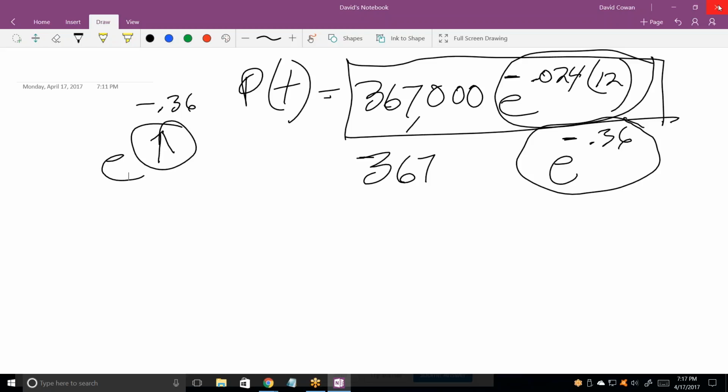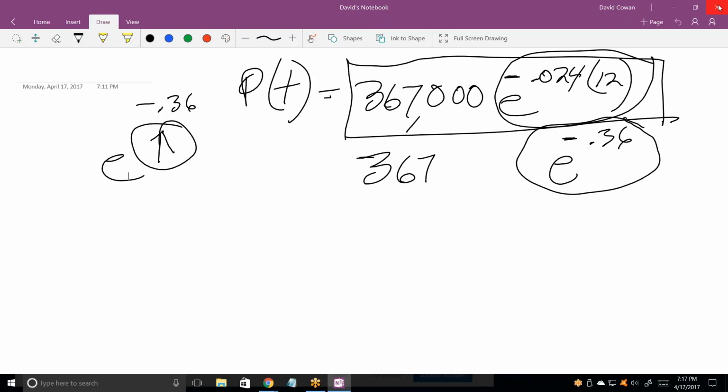Even my calculator won't convert that. What is going on here? Hold on. Sorry.